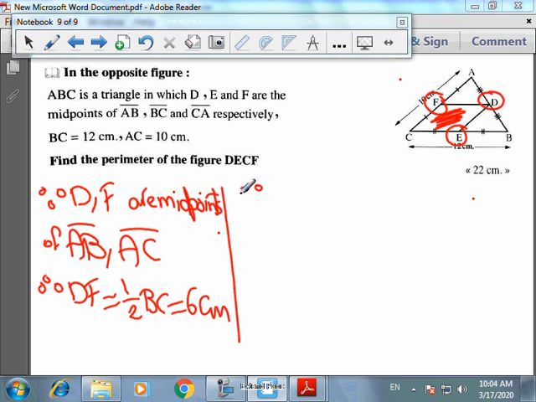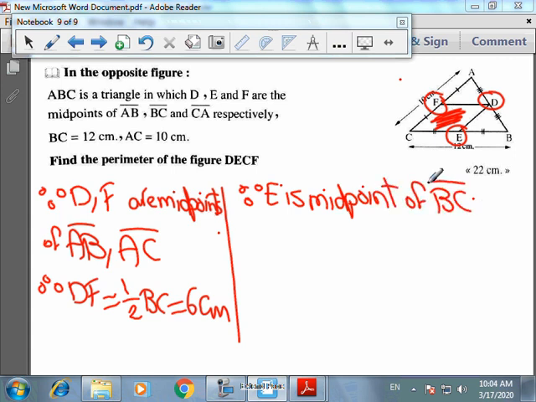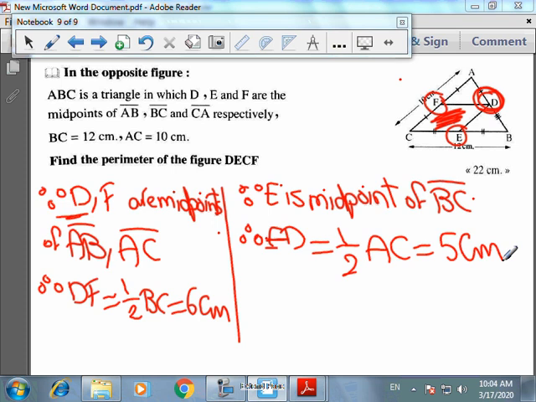Okay. Since E is midpoint of BC, I don't need to say that D is midpoint again because I have already said it before. So I don't need to say the same information twice. So since E is a midpoint of BC, therefore ED equals half AC, which is 5 centimeters.